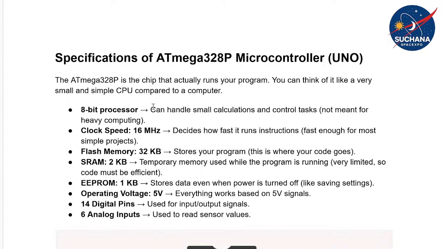Now, I told you that you can blink an LED programmatically. Let's say you want to blink an LED every 2 seconds. How will you do that? Every 2 seconds you need to change the state of that particular pin, from high to low.